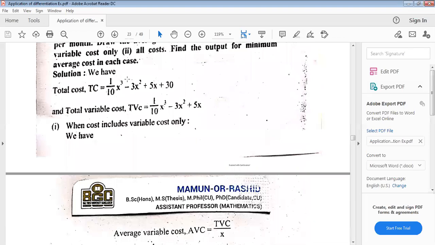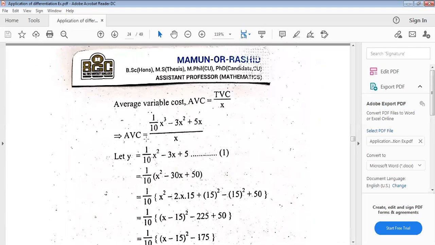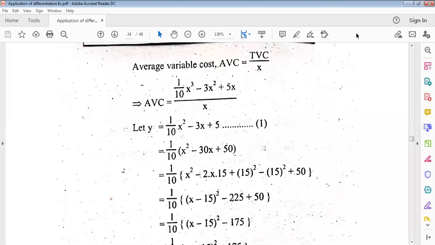Let y equal the average variable cost: 1 by 10 x square minus 3x plus 5. Taking 1 by 10 common, we get x square minus 30x plus 50. If we multiply 1 by 10 with each term, we get this one.